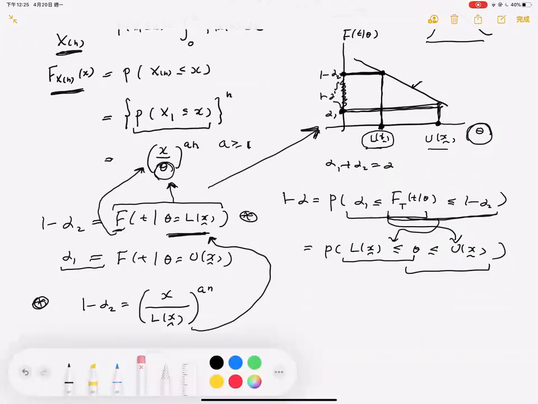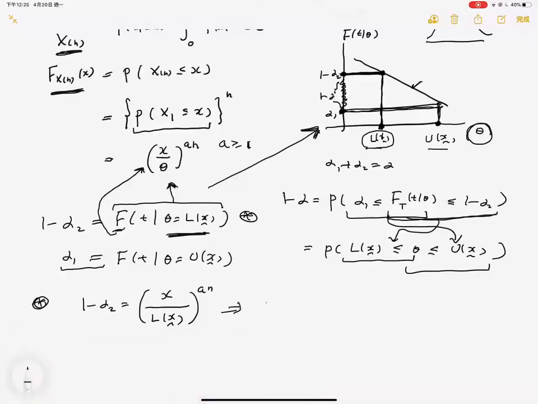You see that? It's nothing but plugging theta by the lower bound. There's a function value that then equals 1 minus alpha 2. So if you see that, that means using that you can solve for the lower bound right here.